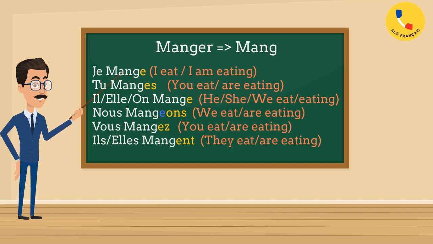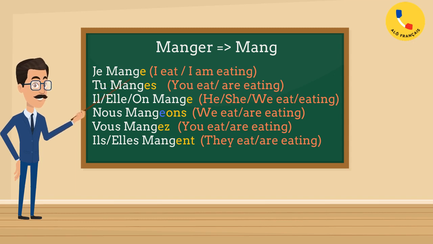So now you can see here, nous mangons. So guys, if we don't have this extra E, the pronunciation would be nous mangons, because GO will give the sound of go. So this is why we are going to put the extra E just before O, so that the sound becomes GEONS.